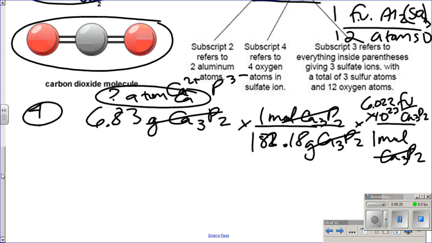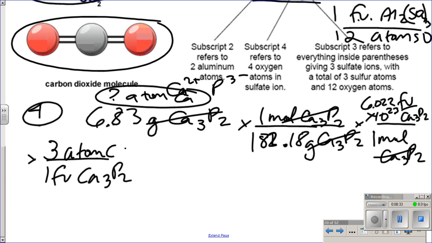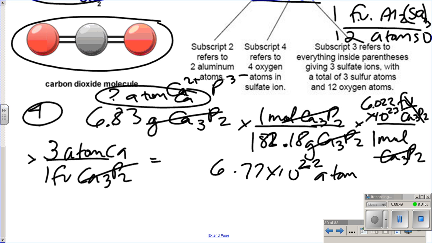In 1 formula unit of calcium phosphide, how many atoms, or ions, of calcium are there? 3. It's just an internal ratio. So then formula units of calcium phosphide cancel, and it gets you to simply atoms of calcium. It was like 6.77 times 10 to the 22nd atoms of calcium.